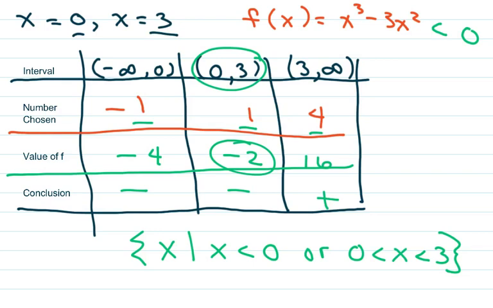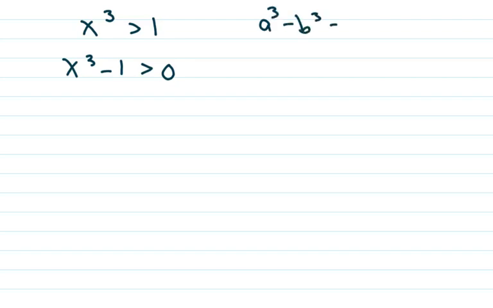And the last one we have is this one. x cubed is greater than 1. This would be x cubed minus 1 is greater than 0. This follows the form a cubed minus b cubed, which equals a minus b times a squared plus ab plus b squared.